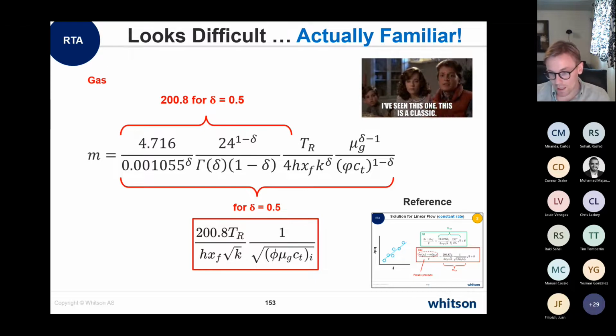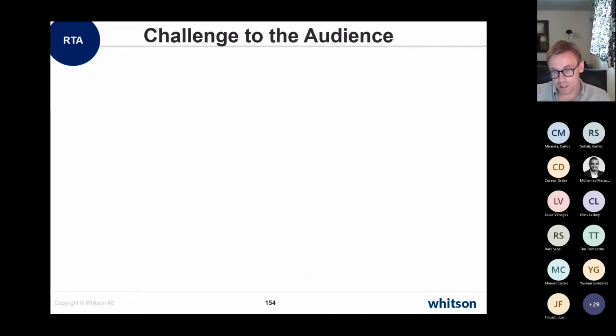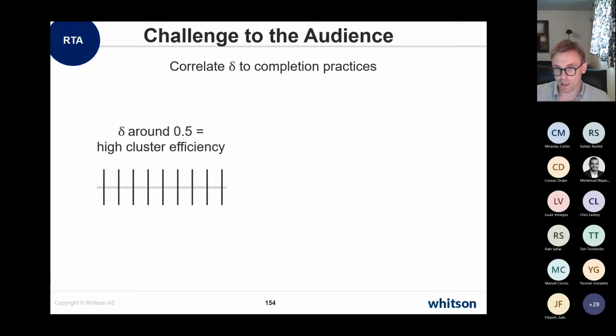A challenge to the audience, at least in this part of the joint industry project, that could be interesting to look at is to see, when you work with field data, if you can correlate this delta parameter to some completion practices. In a perfect world example, if you have a very high cluster efficiency and the clusters are equally spaced, you should expect a delta of around 0.5.